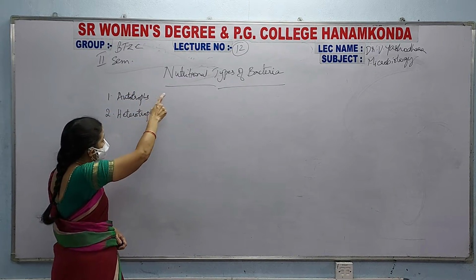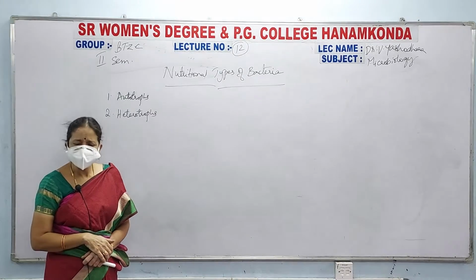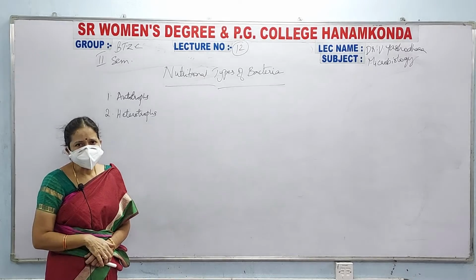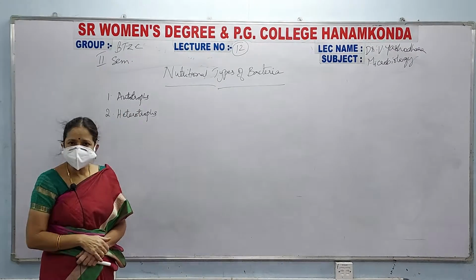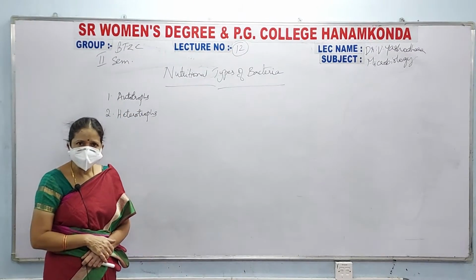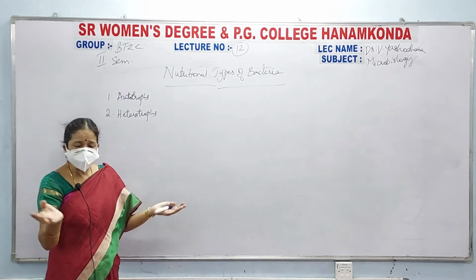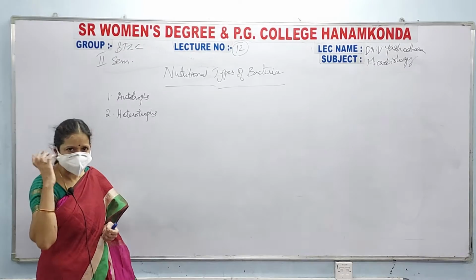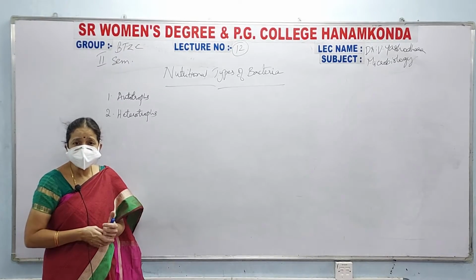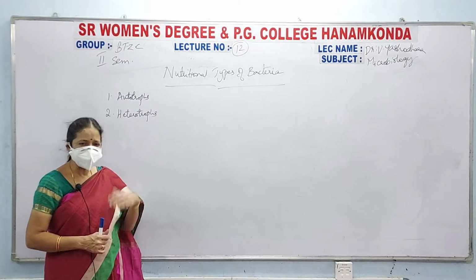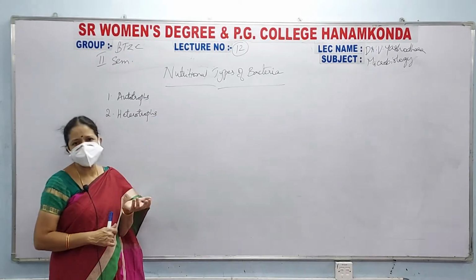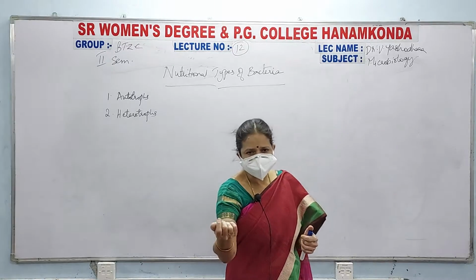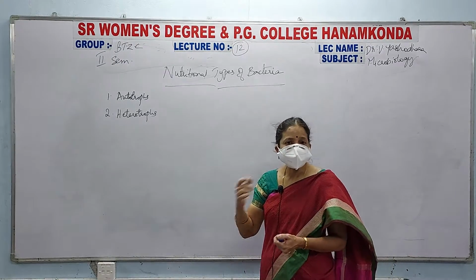Here, according to nutritional types of bacteria, it is the same definition, but I am going to tell you in a twisted manner. What are autotrophs? Autotrophs are the organisms which use external energy and synthesize their food. What is the external energy? It may be carbon dioxide, or sunlight, whatever is present in the external environment, that will be taken as energy and they synthesize their food.